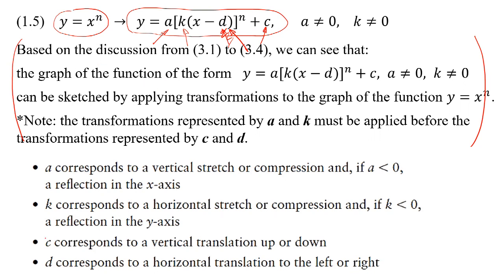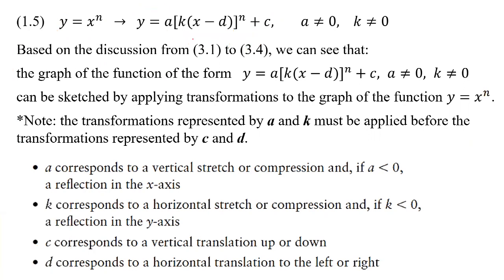So the conclusion is that we can do all the translations one by one, right? Based on the discussion from 1.1 to 1.4, we can see that the graph of the function of the form y equals a times k times the difference between x and d, raised to the power of n, plus c, where a and k are not zero, can be sketched by applying transformations to the graph of the function y equals x raised to the power of n, right?